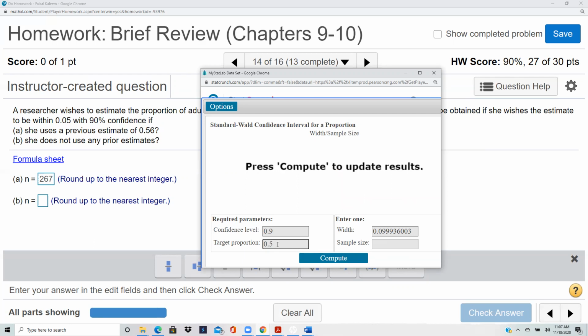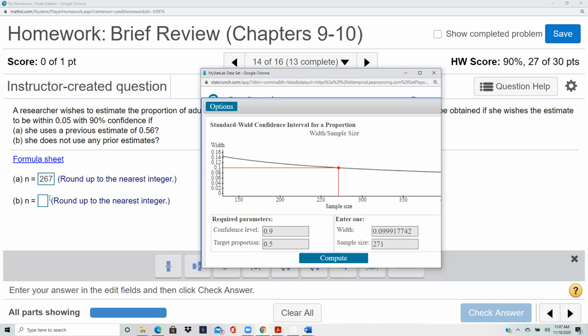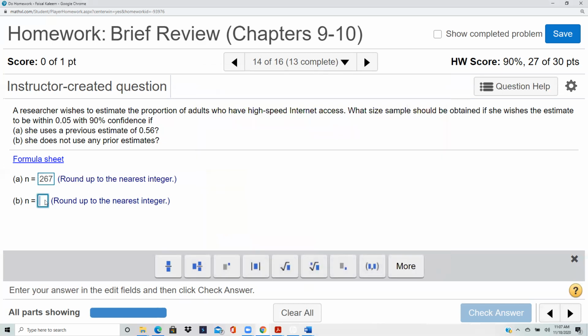Does that mean we just change it to 0.5 and leave everything the way it is? No, we'll have to change the width back to 0.1. During this process, the width has been disturbed, so this is not what we had put in originally. We change it back to what we had put in. To 71.